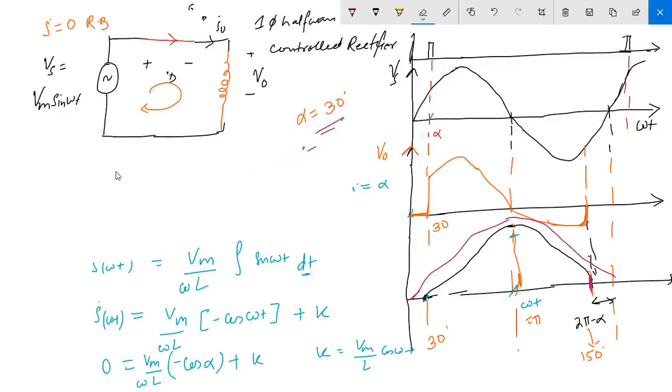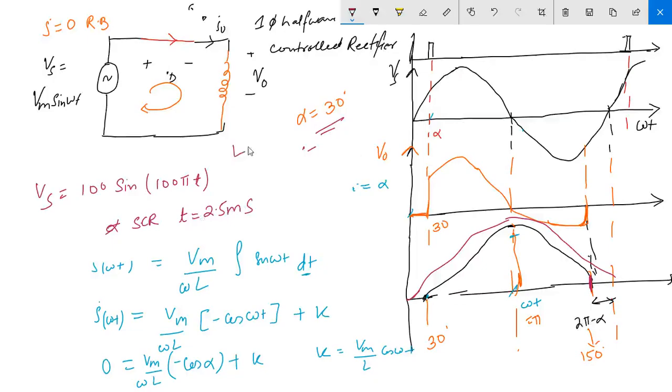Suppose Vs is given as Vs equal to 100 sine 100 pi t, and your SCR switches at t equal to 2.5 millisecond.